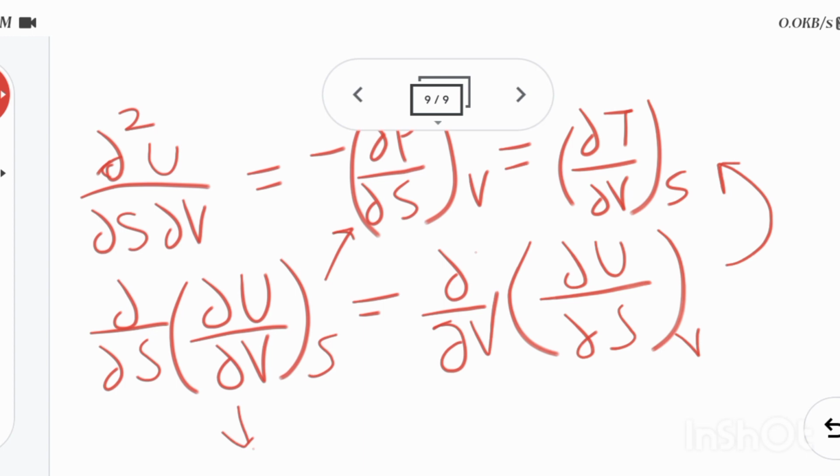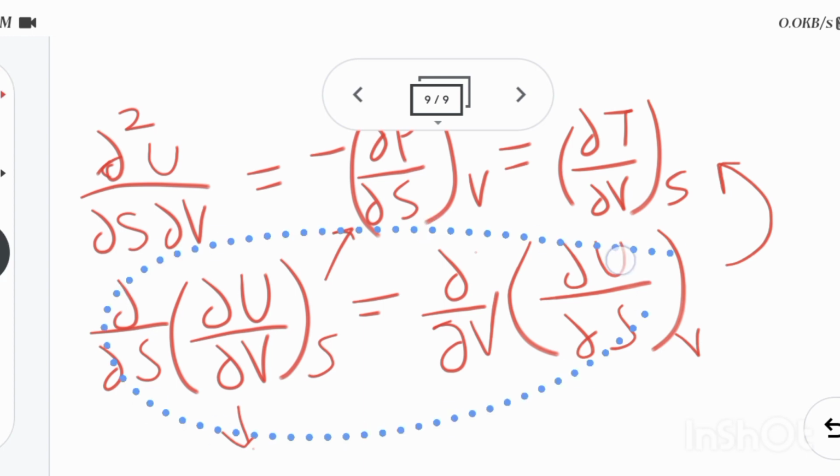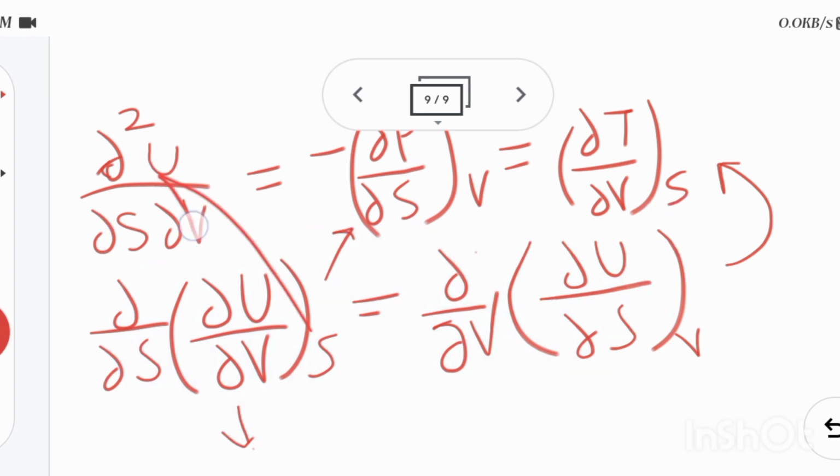So in that way, we have calculated the same. Both are actually the same thing; they are not different. In this way, you can calculate for the functions also. So these were the Maxwell relations.